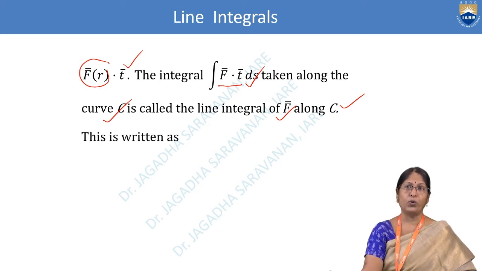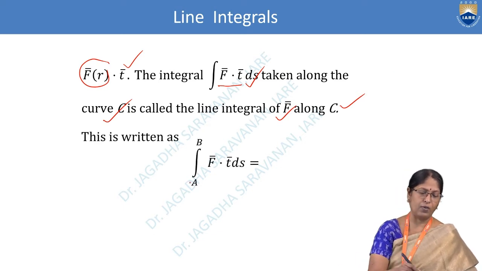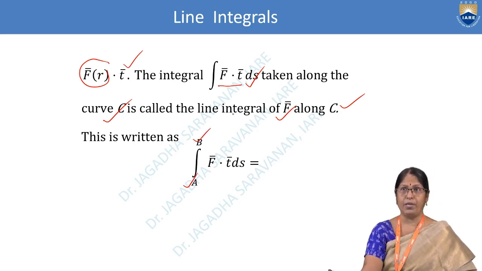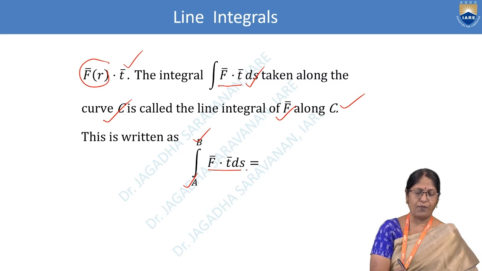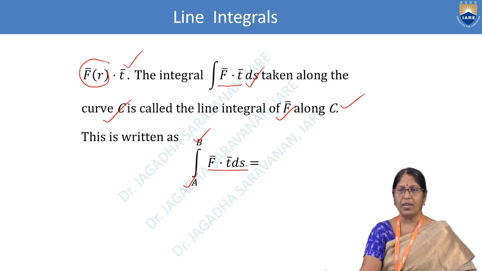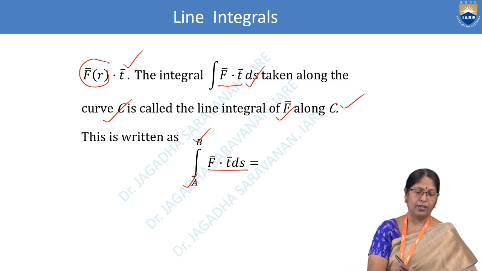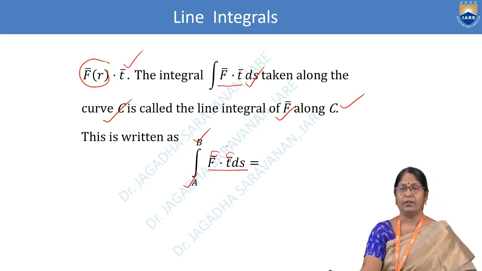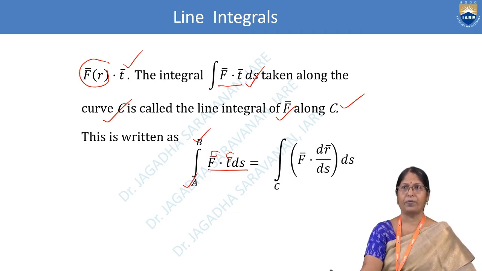This is also written with our curve going from the starting to the ending points A and B. In f dot t ds, the bar denotes that it is a vector. That means it has not only magnitude but also direction. If it has only magnitude, then it is a scalar.